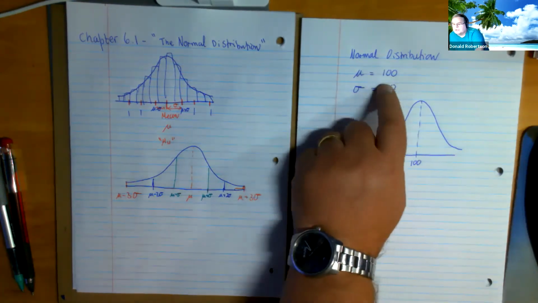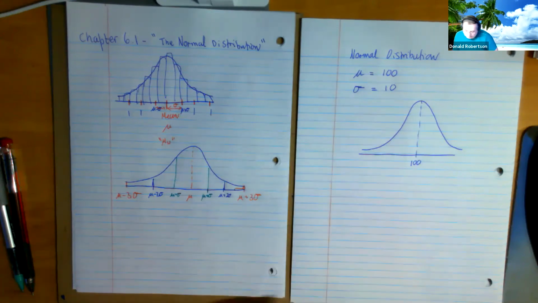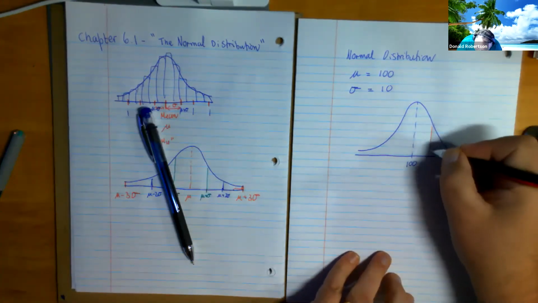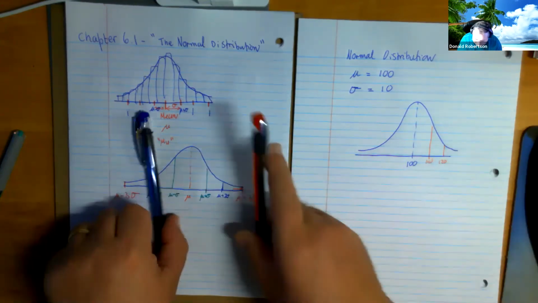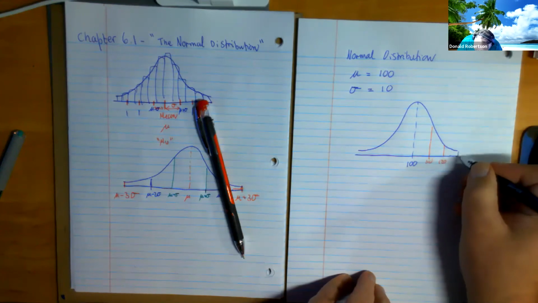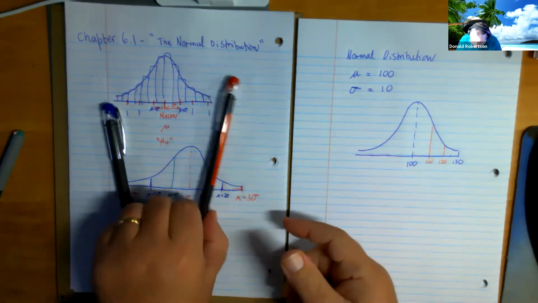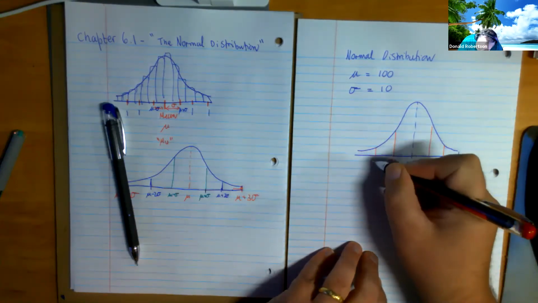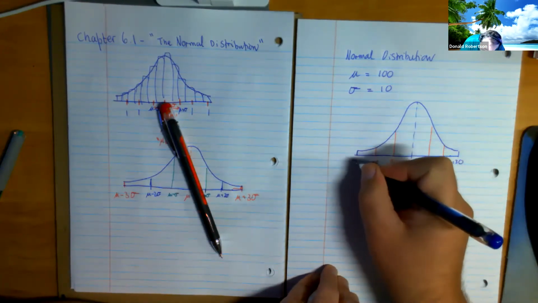Actually, this is the distribution for IQs. You ever had an IQ test? Its mean is 100, its standard deviation typically is 10. And then you go 110, 120, and right at the end, 130. And if you go the other way, you go 10 off that's 90, 10 off that's 80, and right at the end is 70.